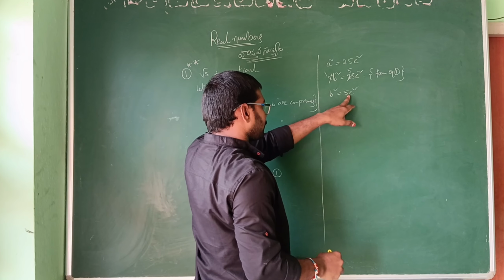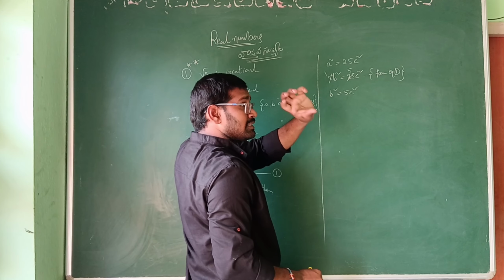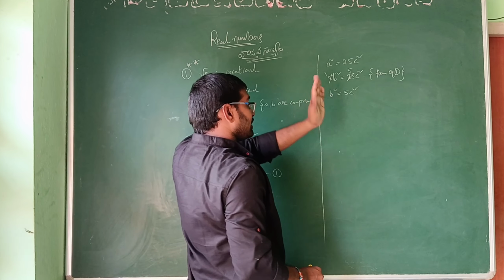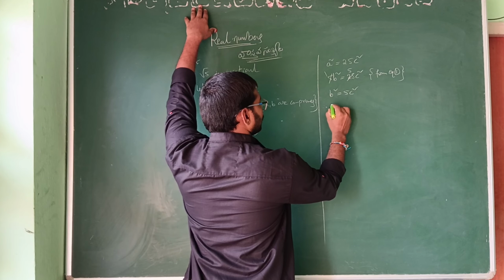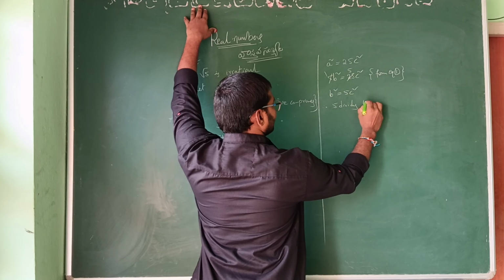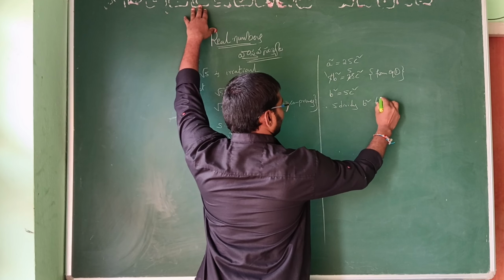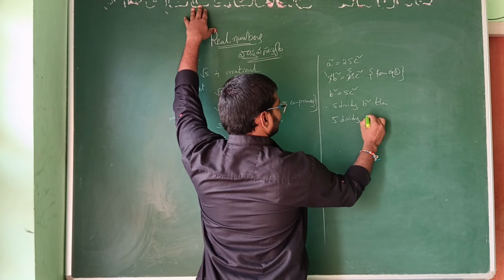Here, if you transport 5 to this side, b square by 5, that means 5 must divide b square. Therefore 5 divides b square, then 5 divides b.